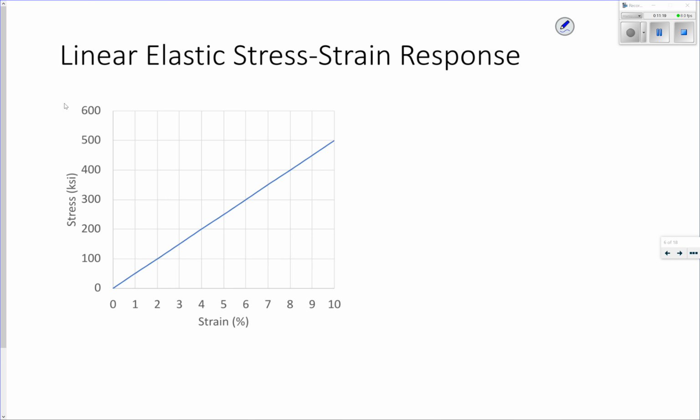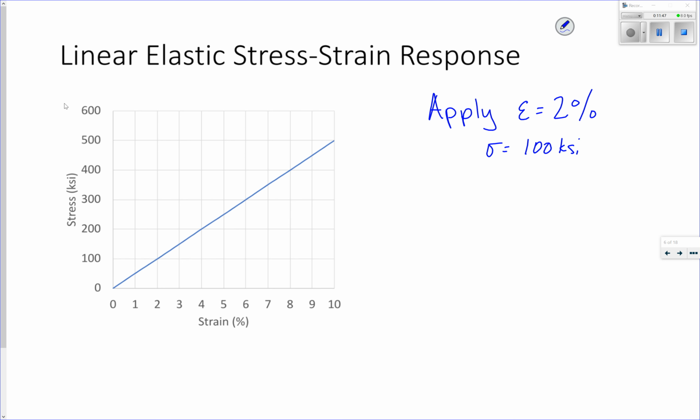Let's say I have a linear elastic stress strain response for my material, and I apply a load that results in a strain of 2%, right? Okay, my material is going to have a stress of 100 KSI.